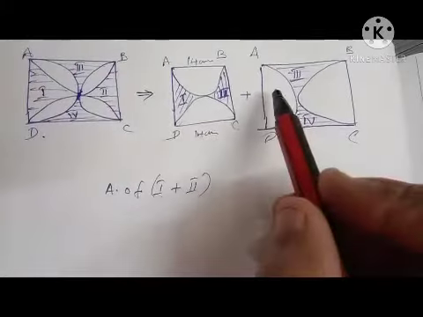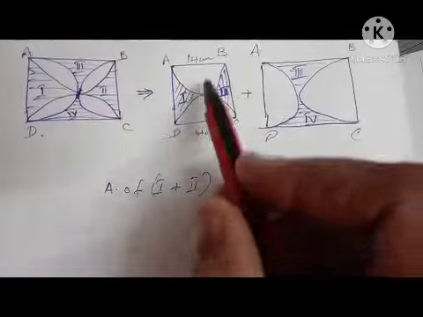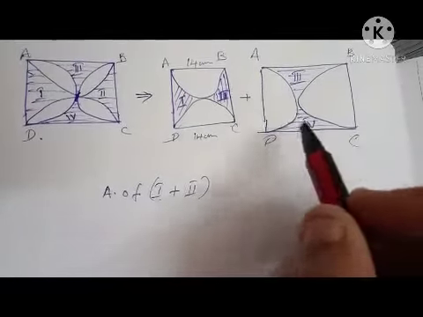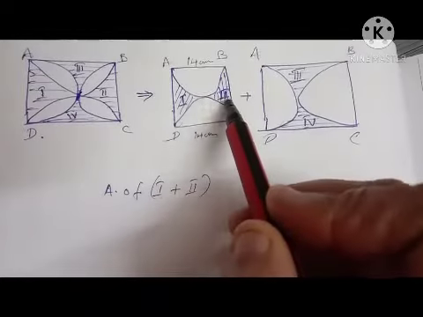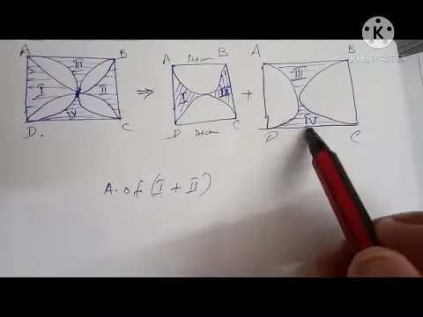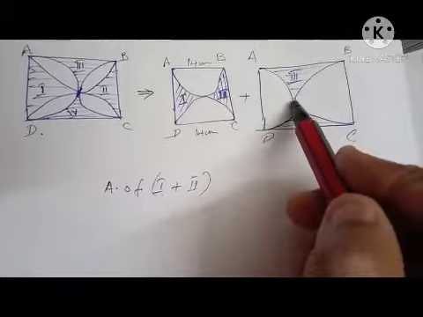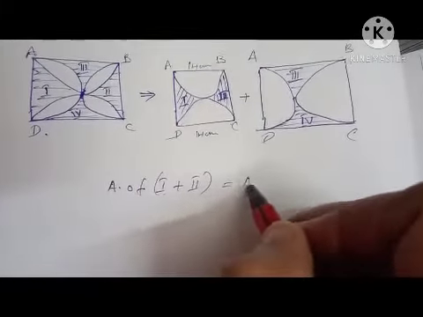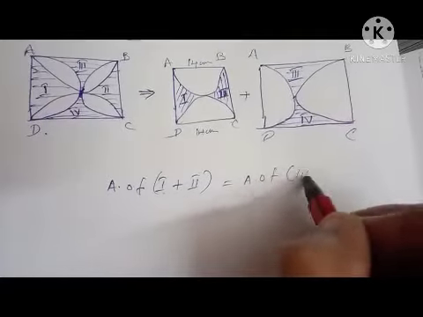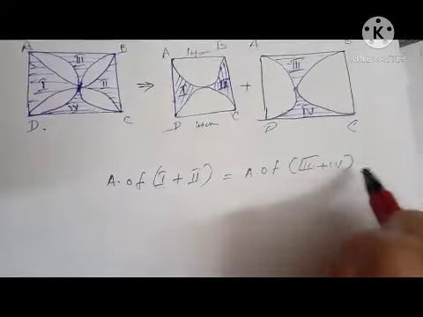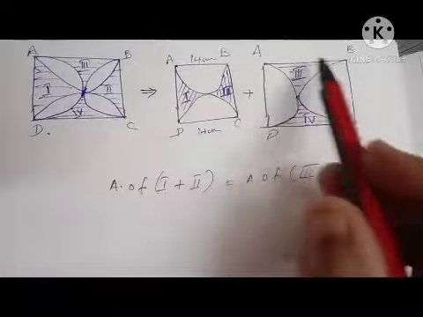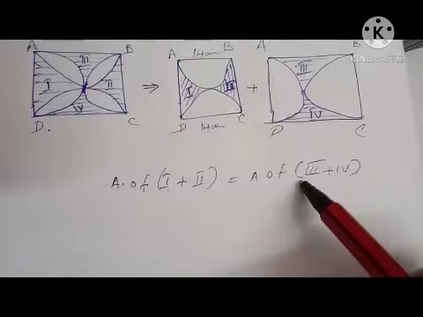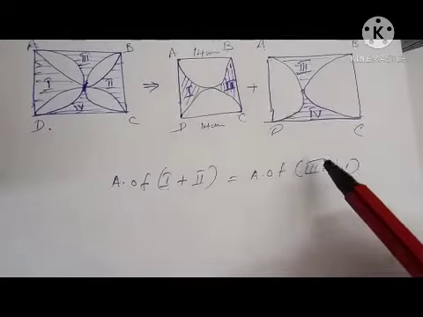From here we know that these two semicircles and these two semicircles have the same diameter, that is 14 centimeter each. So area of 1 and 2 and this 3 and 4 are same. So area of 1 and 2 equal area of 3 and 4. Then if we want to find the total area of the shaded portion, we have to find either this or this and multiply it by 2.